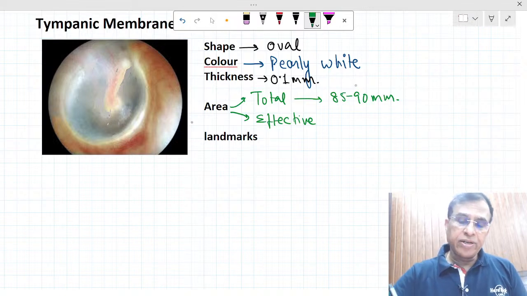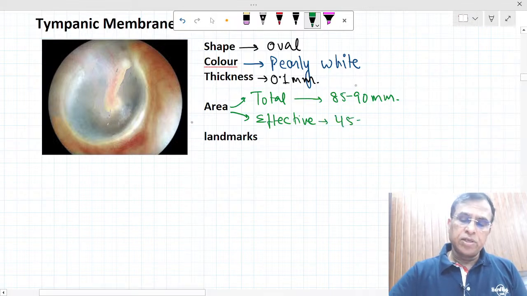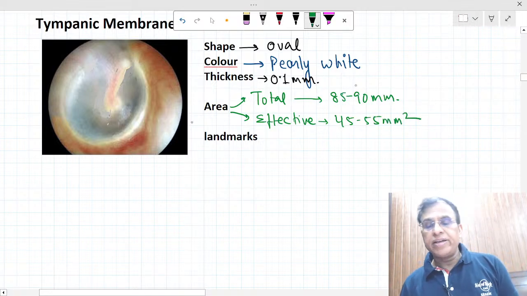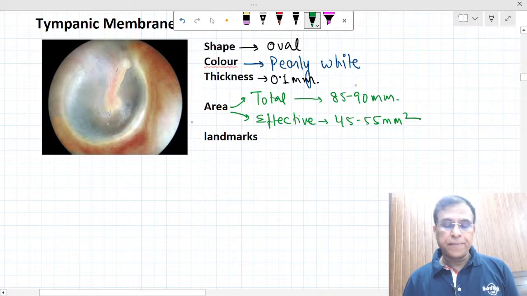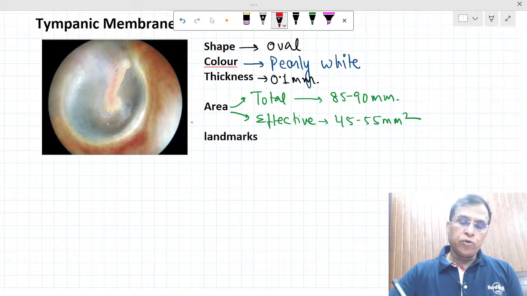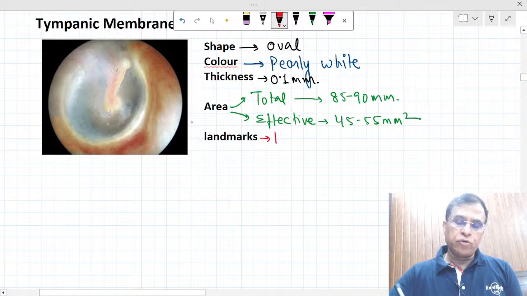How much is the effective area? It is 45 to 55 millimeters square. The effective area is different, the total area is different, and there are 4 landmarks of the tympanic membrane. What are the 4 landmarks?